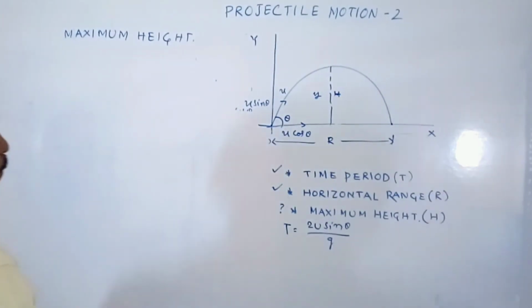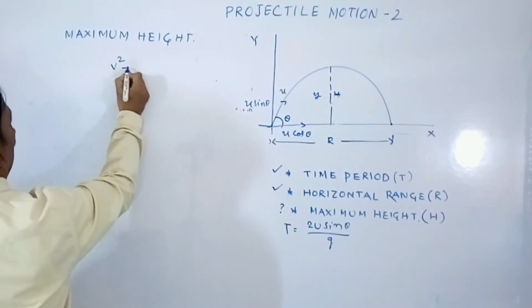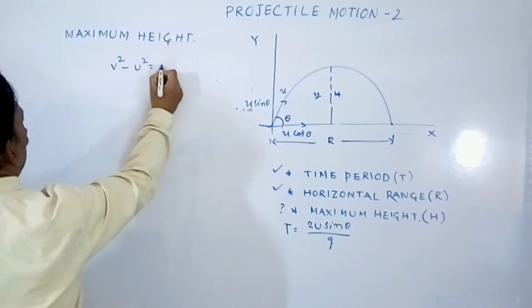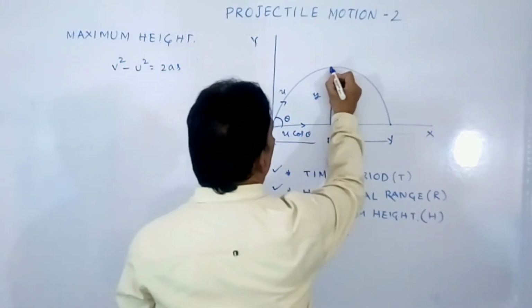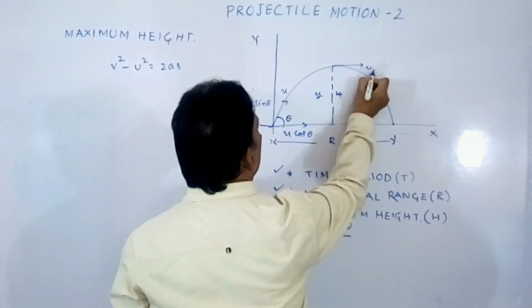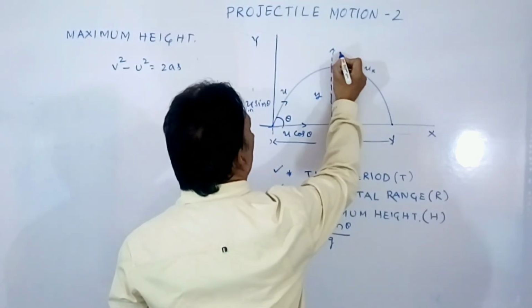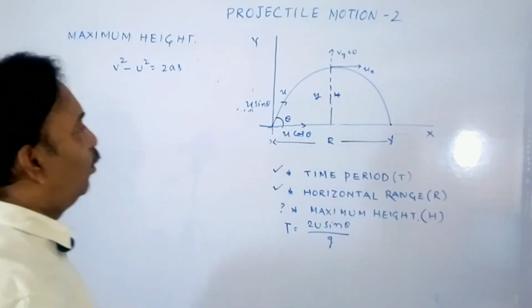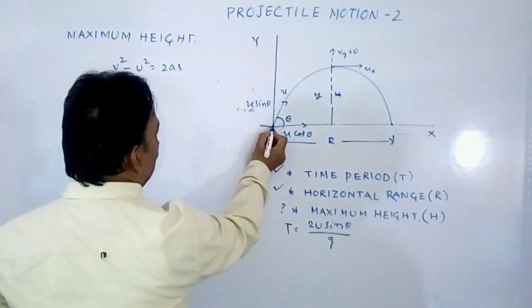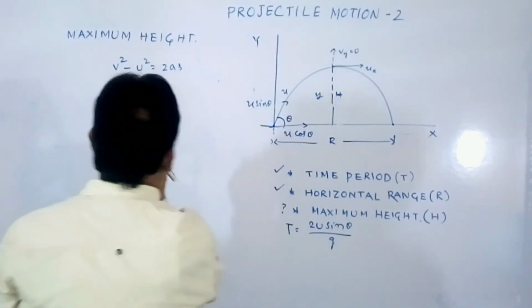Okay, you know that v square minus u square is equal to 2as. Here, the projectile is moving on. Throughout the journey, ux remains constant, and at the maximum height vy is equal to 0. Okay, students, we started with the velocity uy here, and after reaching this point, vy becomes 0.